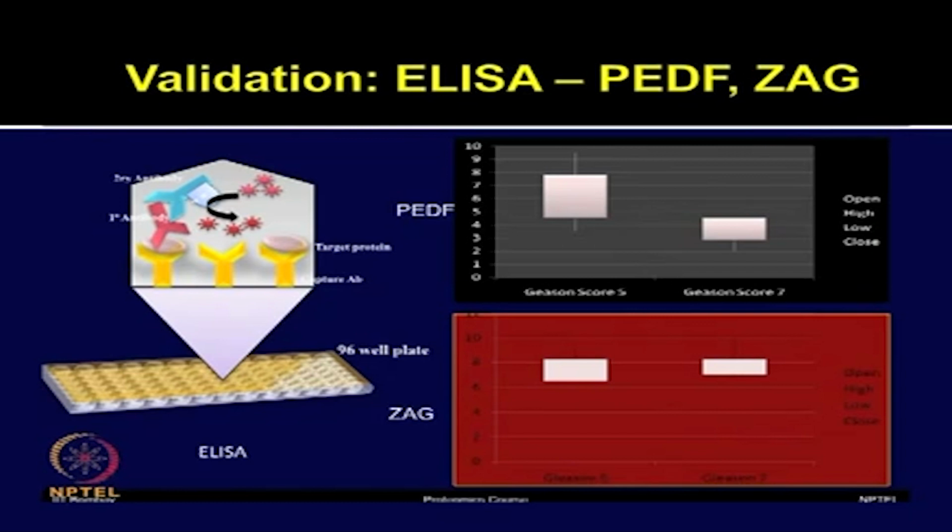The PEDF levels were quantified using an ELISA kit, and the results demonstrated, as you can see in the slide, a statistically significant decrease in PEDF in the Gleason score 7 depleted serum group.